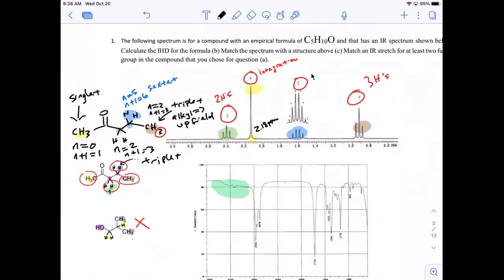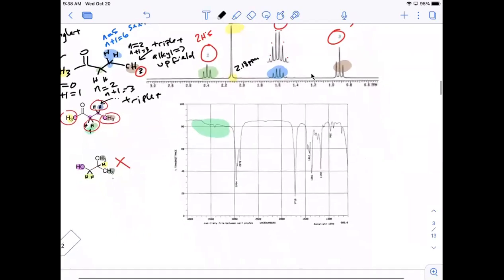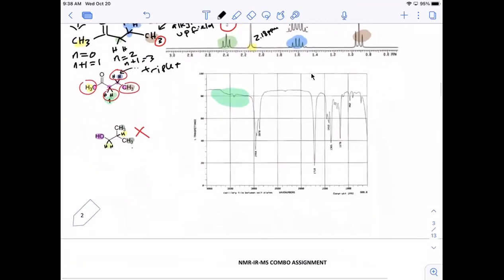But for this compound, what we're looking for are 2 stretches, because there are 2 dominant functional groups here. One is the alkyl chain. You see all the carbons linked together in a chain. That's the alkyl chain. And the second one is the carbonyl stretch. So I'm looking for in that compound, I'll just redraw it.